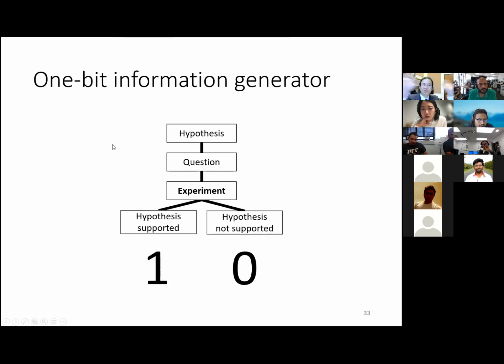But without having that philosophical look, let me summarize his claim in an engineering way using the chart, okay? Hypothesis, question, and experiment. And if the result from the experiment supports your hypothesis or does not support the hypothesis, now you got 1 or 0. And of course, real phenomena are not that black or white. That's why we use statistics, and that's why we use 0.05 as a cutoff value, right?